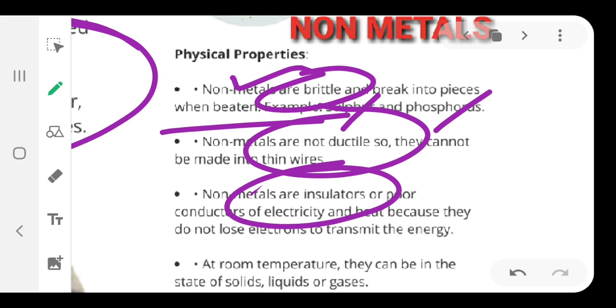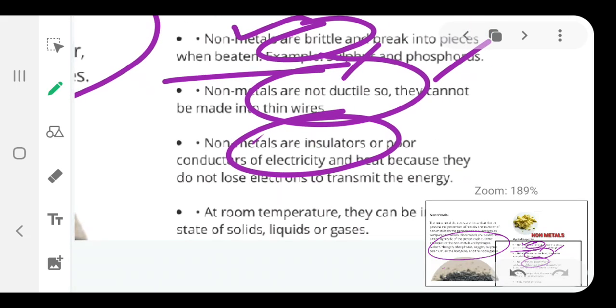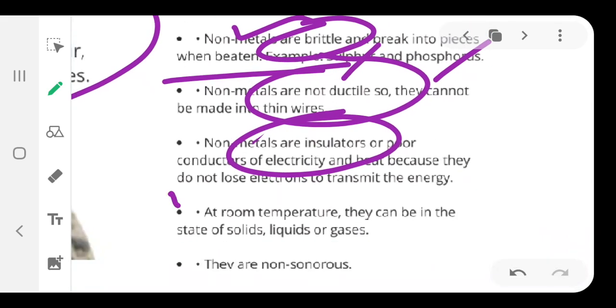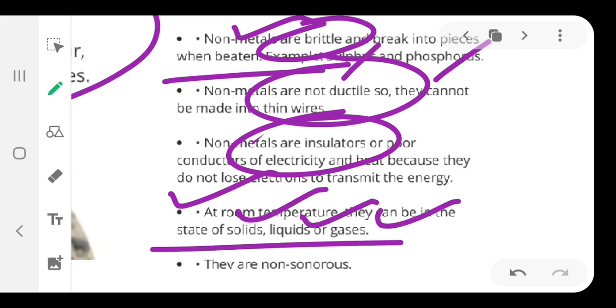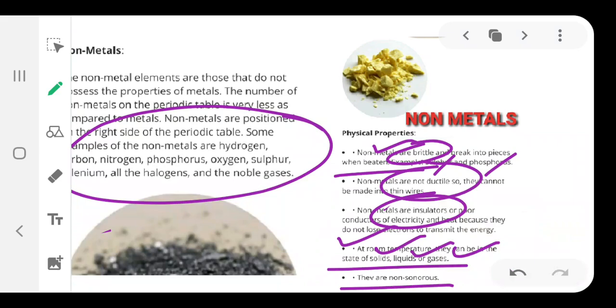But again, I have told you there are a lot of exceptions. At room temperature, they exist in all three forms: solid, liquid and gas. And of course they are non-sonorous, meaning when you hit them they won't give you a musical note. So if you have learned the metals' physical properties, the non-metal physical properties become easier to learn.